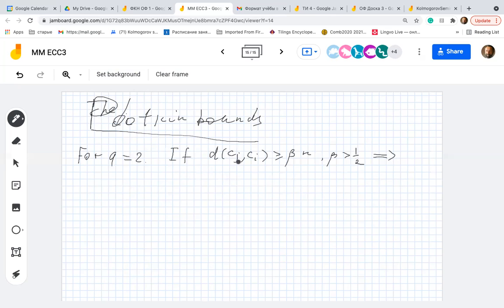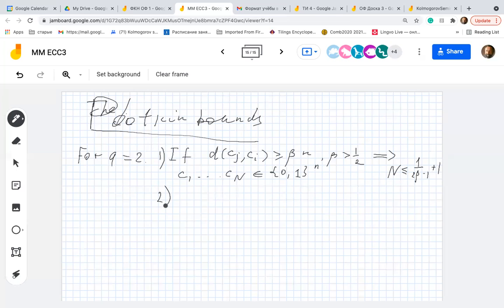Assume that we have c1, ..., cn code words over the binary alphabet. We have a certain number of code words of length n, such that the minimal distance of the code is at least beta n, where beta is strictly greater than 1/2. Then the bound claims that n, the number of code words, is bounded by some function of only beta. And that function is 1 over 2 beta minus 1, plus 1. And this is the first Plotkin bound.